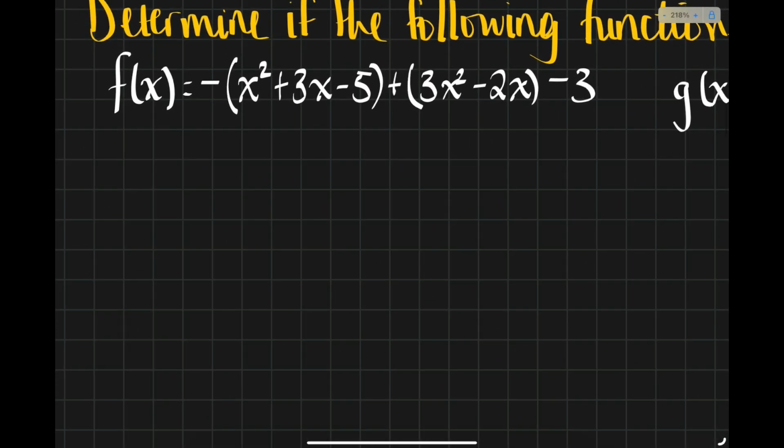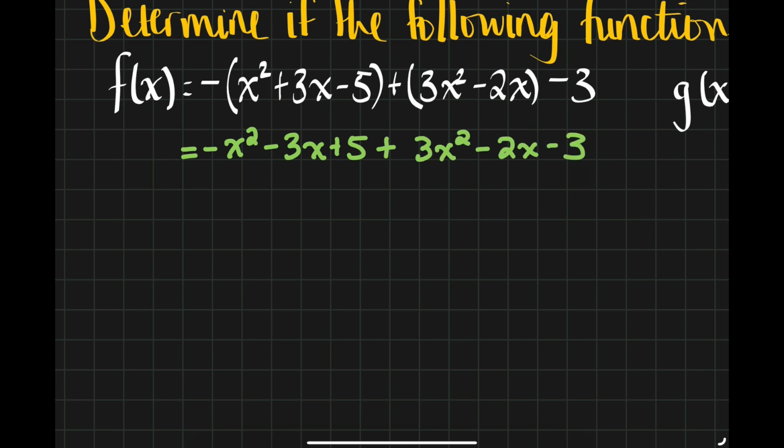So first off, for f of x, we are going to distribute and get rid of the brackets. So the negative outside of the first set of brackets, I'm going to distribute that to everything on the inside. And that's going to cause some sign changes. The second set of brackets, there's nothing that changes because there's just a positive sign out front. And the minus 3 stays as is.